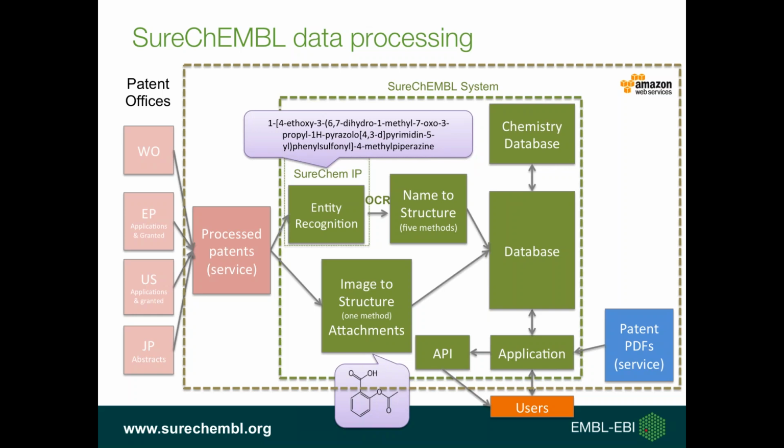At the same time, there is another branch in the pipeline which does the same thing for images. Images of 2D compound structures, which are, of course, usually depicted in patent documents. Again, we use a tool that will try to find these images, convert them to the corresponding structures, and again, these will be stored into the database.